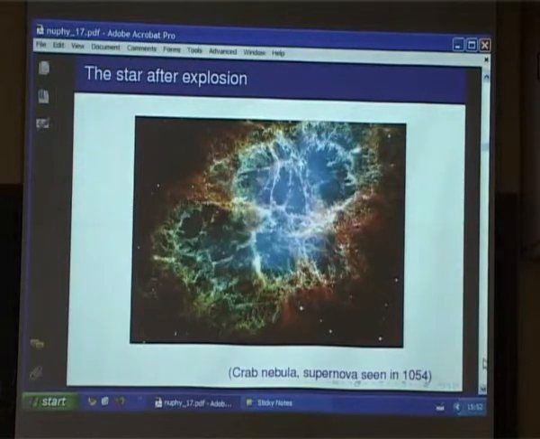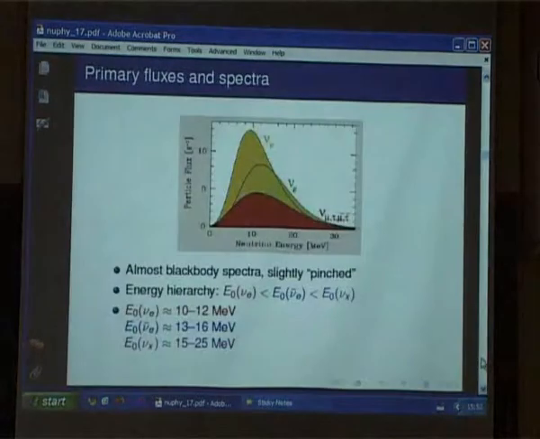It's a galactic supernova. Yes, it was visible, in 1054 it occupied the whole sky. The Chinese records actually have pictures of this supernova. Unfortunately, we didn't have neutrino detectors at that time.